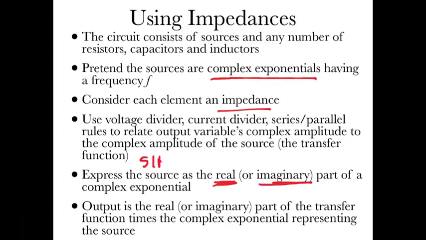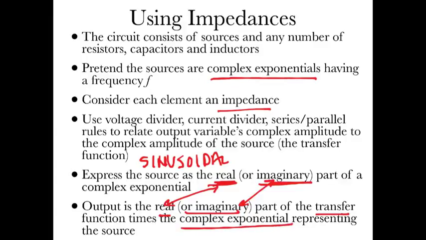This works for sinusoidal sources. And the output is going to be the real part or the imaginary part, whichever one we assumed, of the transfer function times the complex exponential of the source. That's the procedure using impedances to solve any circuit that has a sinusoidal source.